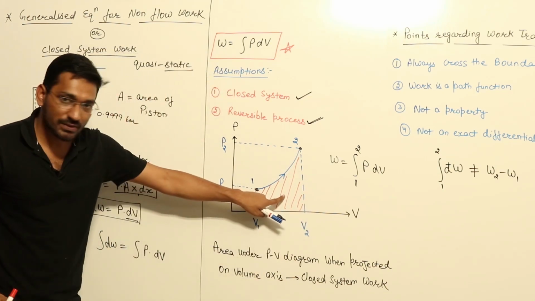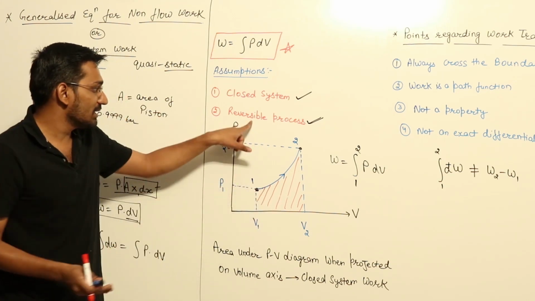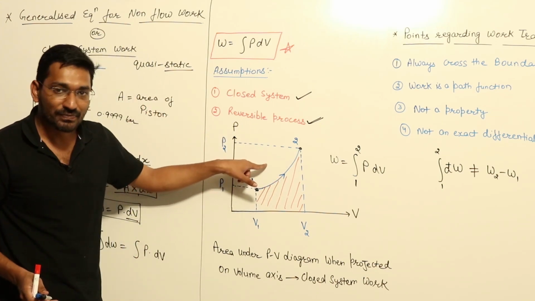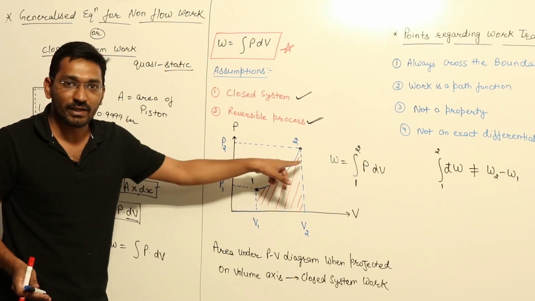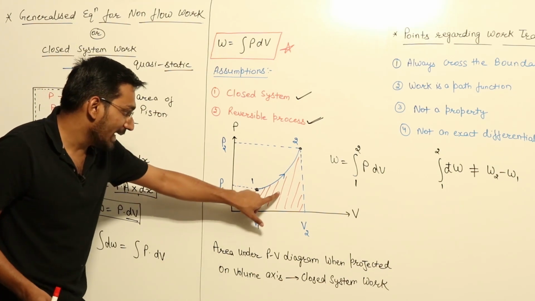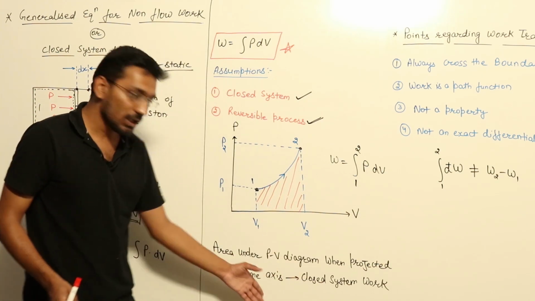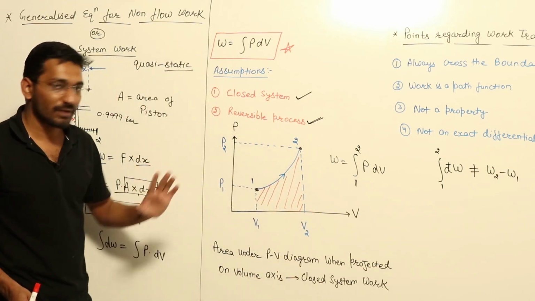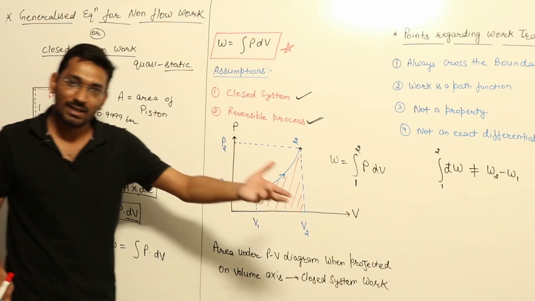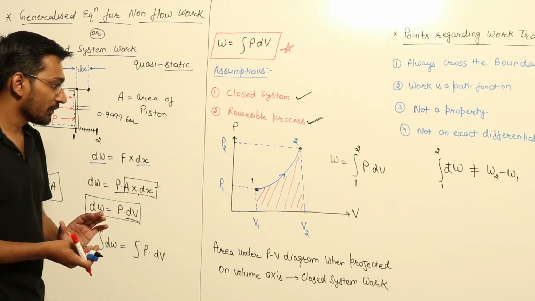This area will be the closed system work in the case of a closed system reversible process. This is a reversible process, that's why I show it as a continuous line. If it is an irreversible process, we have to show it with a dotted line as we taught earlier, right? So the area under the PV diagram, when projected on the volume axis, will give us the closed system work. This value gives the work done by the system on the surroundings in a closed system reversible process.